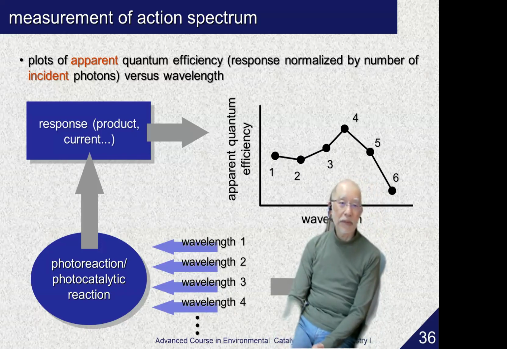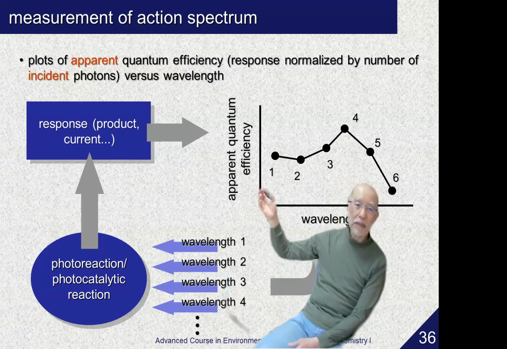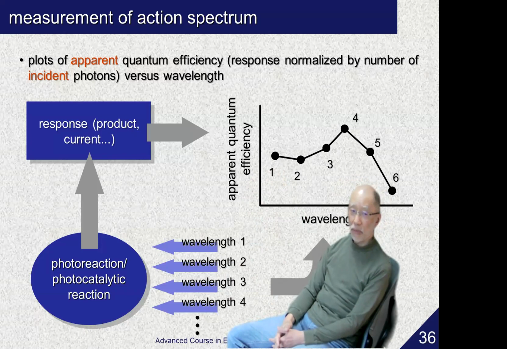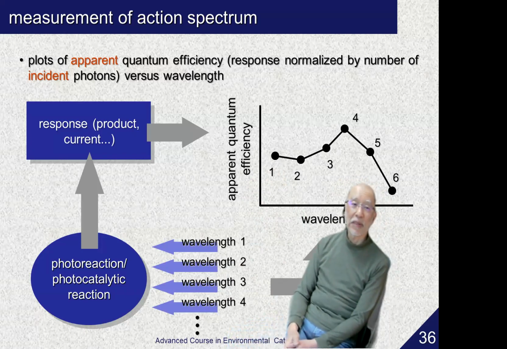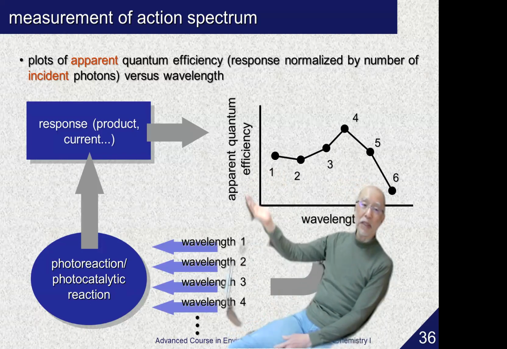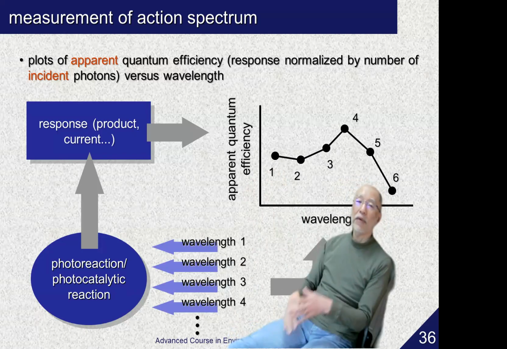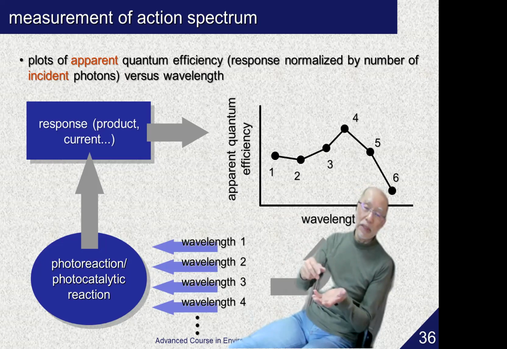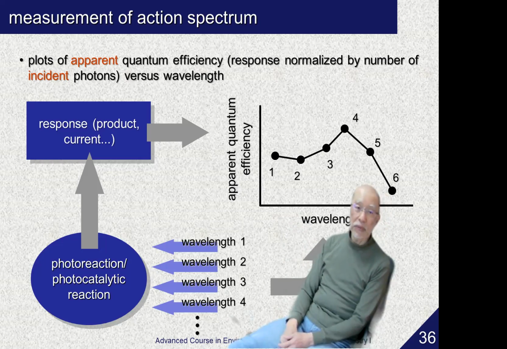Then, the action spectrum. That is a measurement of something. In almost all cases, it is the apparent quantum efficiency. Do you remember the difference between quantum efficiency and apparent quantum efficiency? Apparent quantum efficiency is the efficiency of reaction induced by incident photons, divided by the incident photon flux.